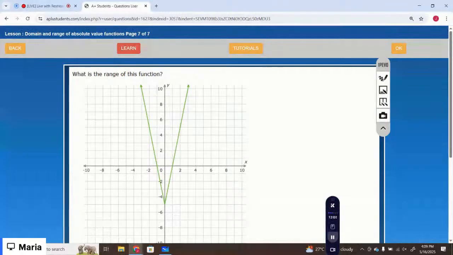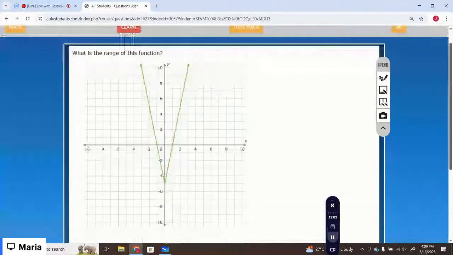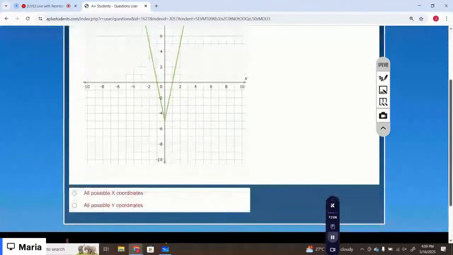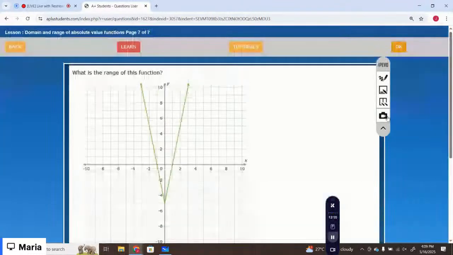What is the range of the function? The range of the function is all the possible y coordinates. Option number two is the correct option.